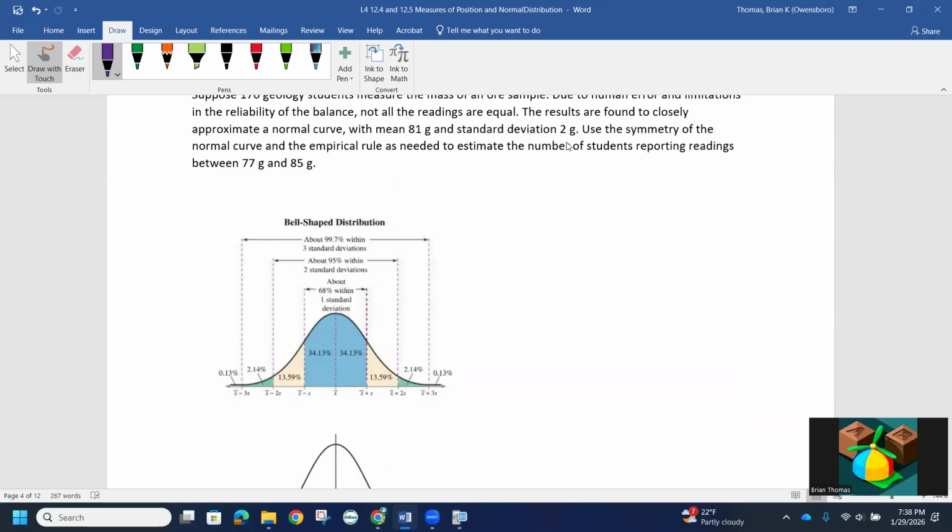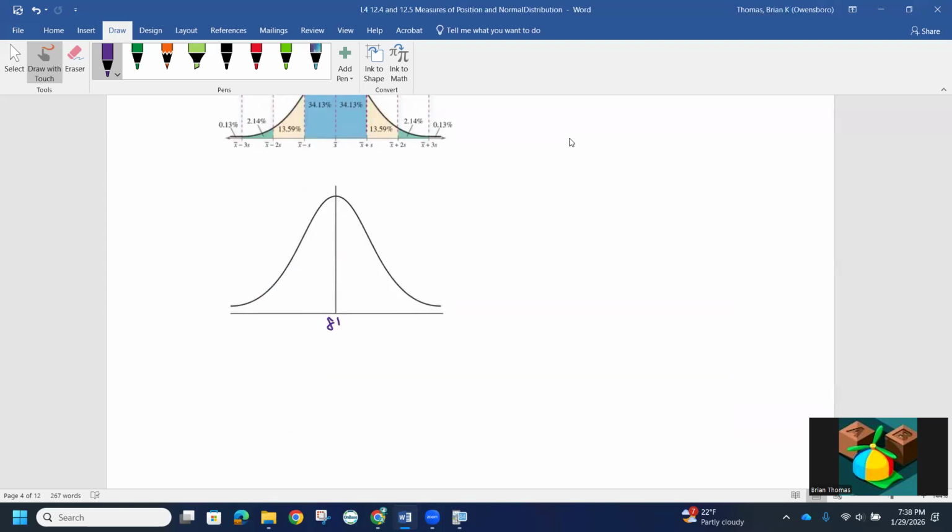Notice that the standard deviation is 2. So if I go out 2 this way, I'm going to get 83, 85, and 87. If I drop down 2, that's going to be 79, 77, and what's it, 75?